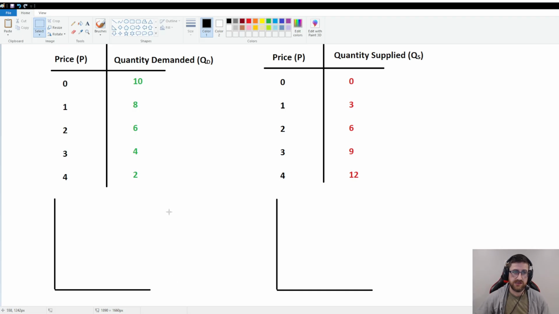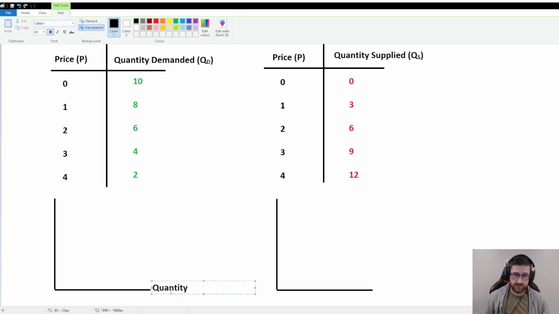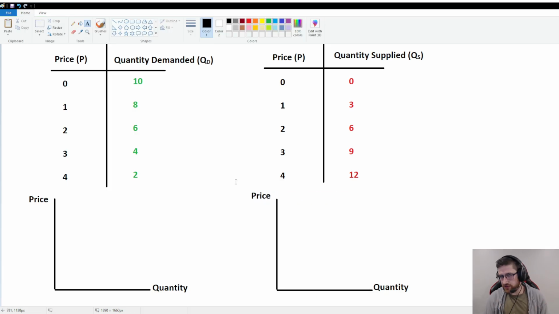All right, so down here is actually going to be our quantity. And it's going to be up top where we have our price. Now, I don't have a great explanation for this.